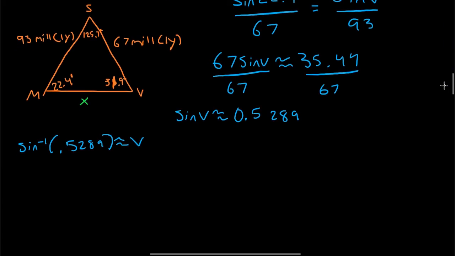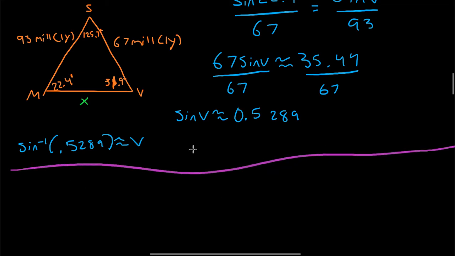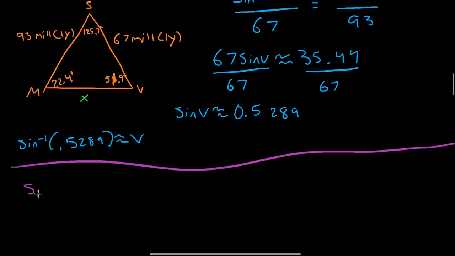Now with this information, we can solve for the side length of x by again using the law of sines. So the sine of 125.7 over x is roughly equal to the sine of 22.4 over 67. We chose to use the sine of 22.4 over 67, but we could have used the sine of 31.9 over 93. Either one doesn't matter at all.